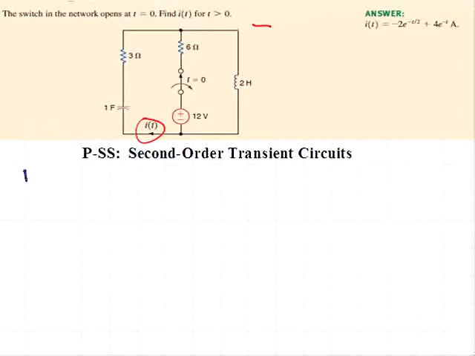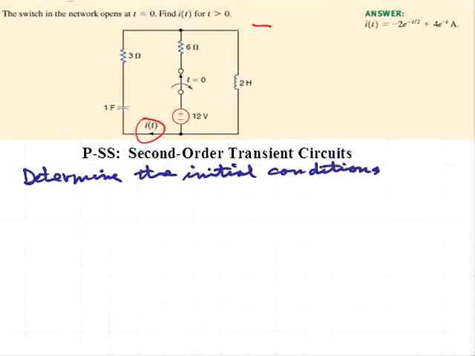So the first step would be to determine the initial conditions for the two energy storage elements. We'll do this calculation just before the switch opens, so the switch is configured as indicated in the circuit drawing here.